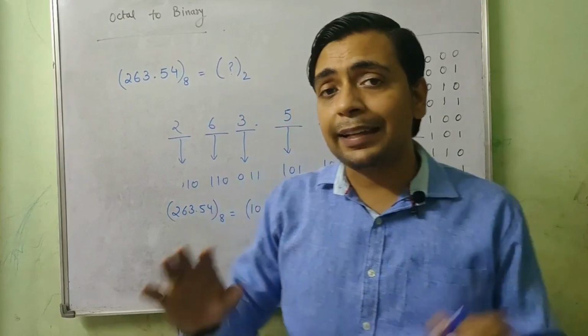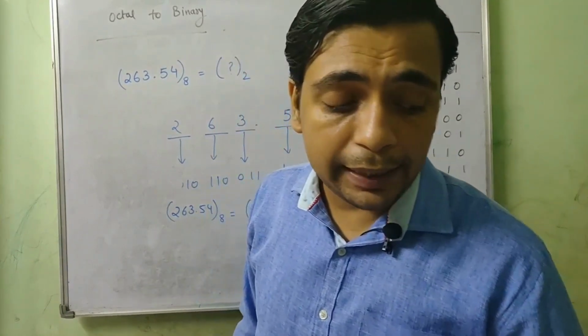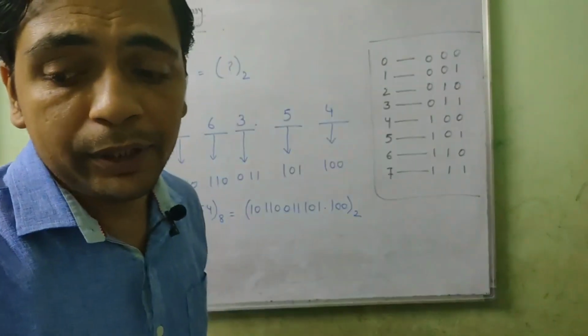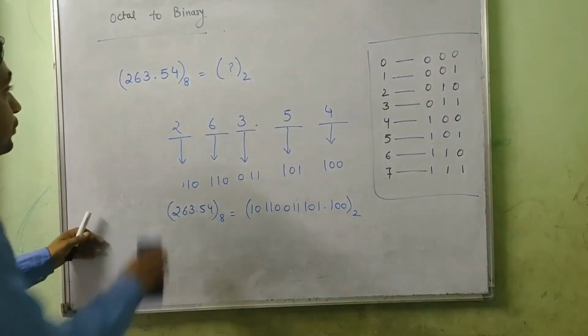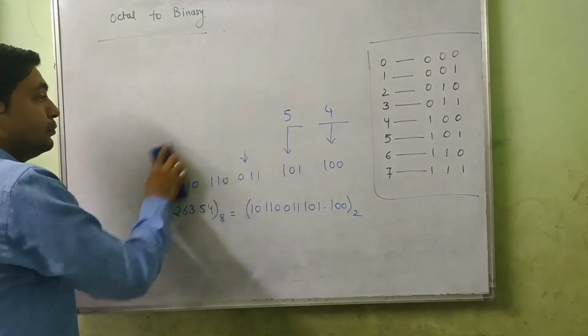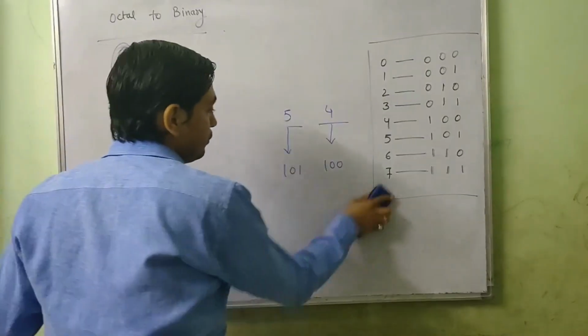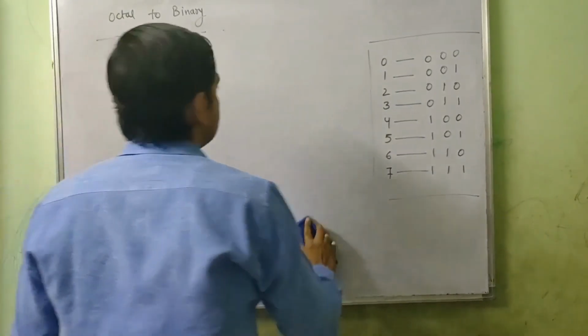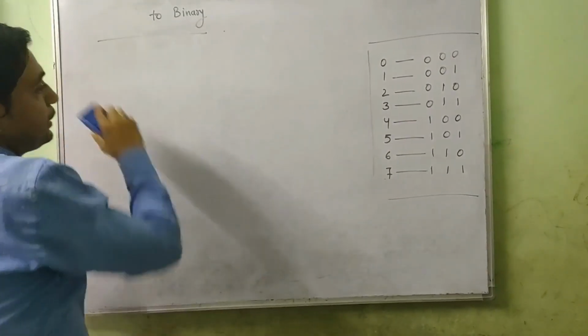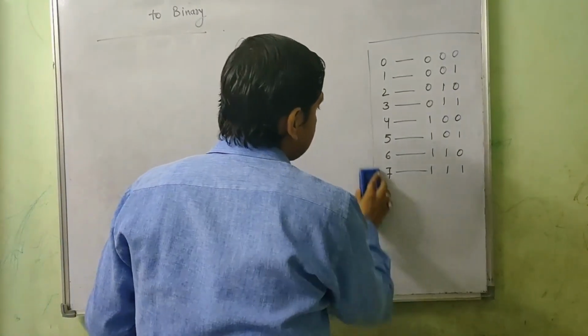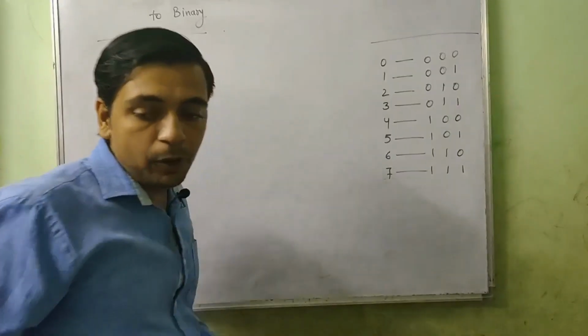Now if we have a hexadecimal number and we want to convert hexadecimal into binary, how are we going to do that? Let's see. The interesting thing is hexadecimal means 16, so there will be a few more digits.